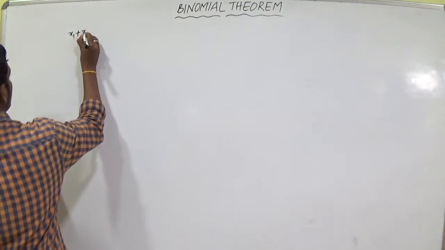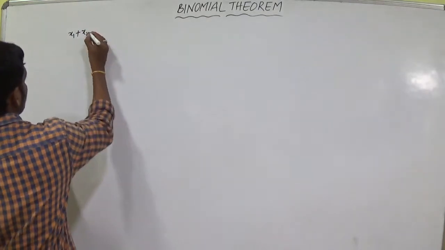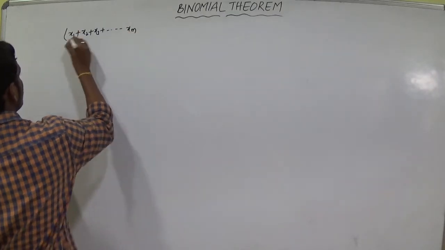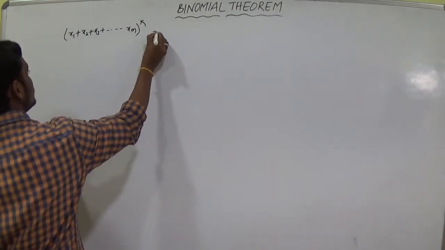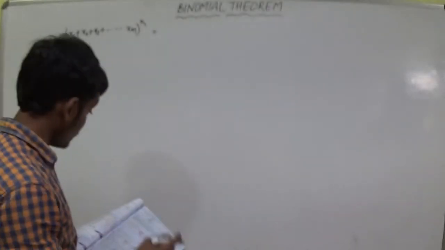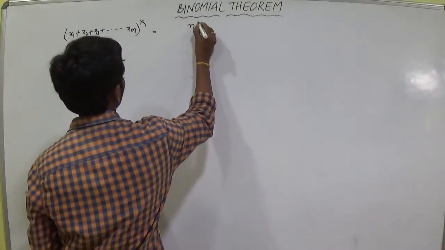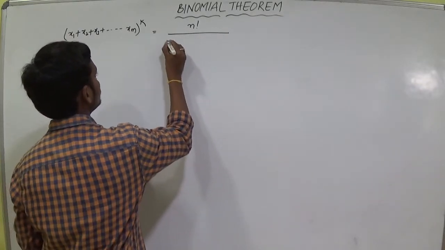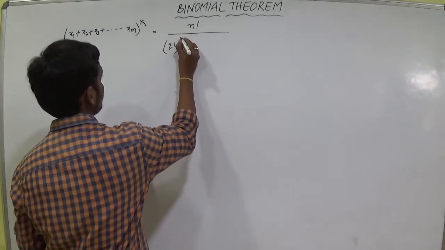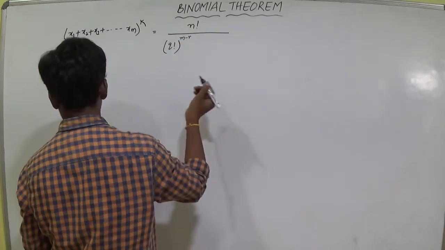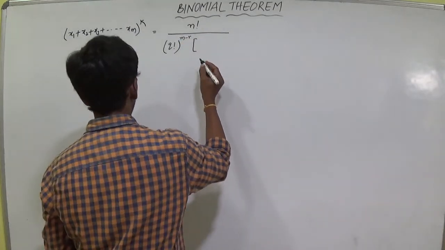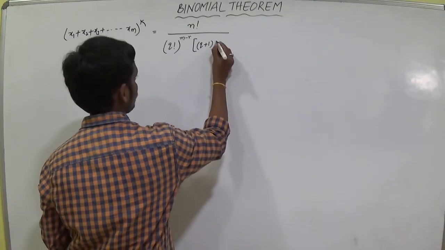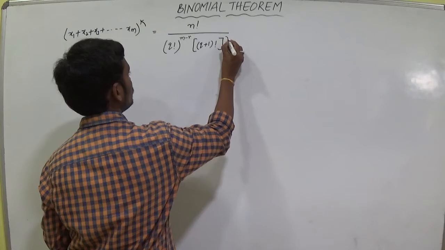They are giving (x1 + x2 + x3 + and so on xm) whole to the power of n, the largest coefficient is in the form of n factorial by (q factorial) whole to the power of m minus r into (q + 1 factorial) whole to the power of r.